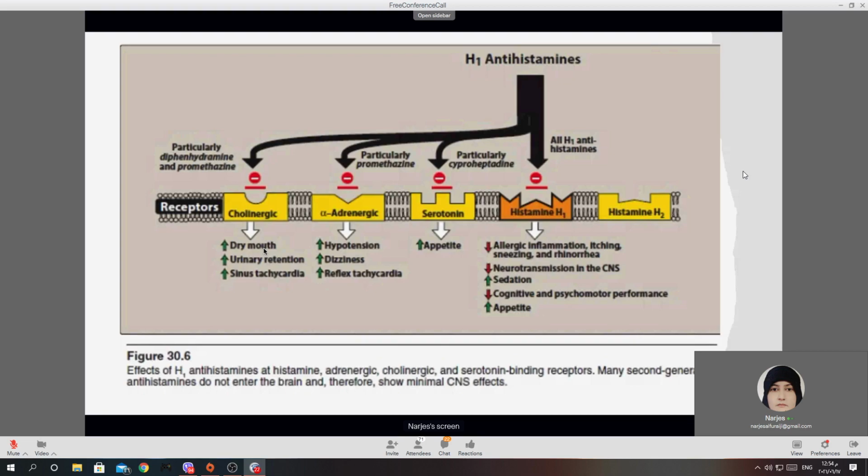Especially with diphenhydramine and promethazine. Yes, we are in need of H1 blockers and we want their effect, but we need to pay special attention and be aware of some unwanted effects, especially when we are looking for interactions.